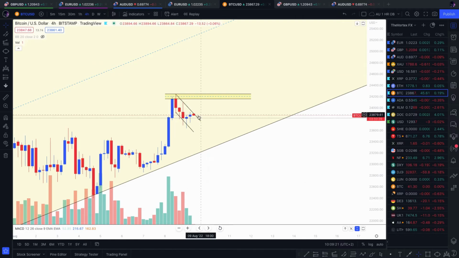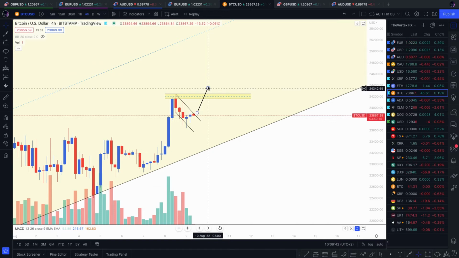I want to see price break out of this flag. I want it to, there we go, there's my arrow. Break above this yellow zone, close above it, right? But I also want to see volume come back up with this break. We need strong volume, strong green volume to accompany this break upwards.